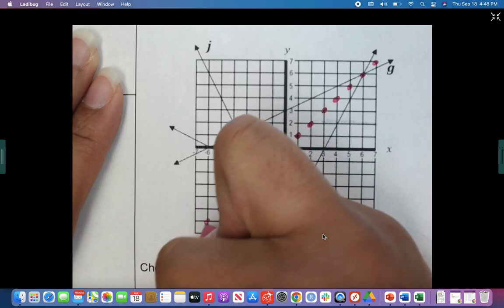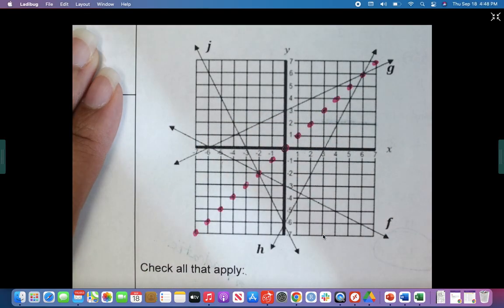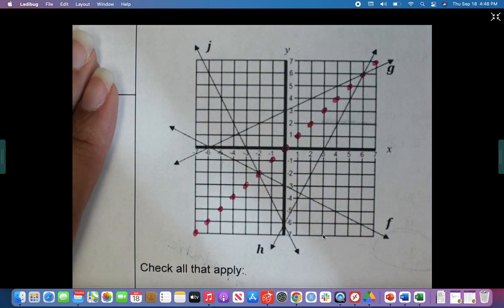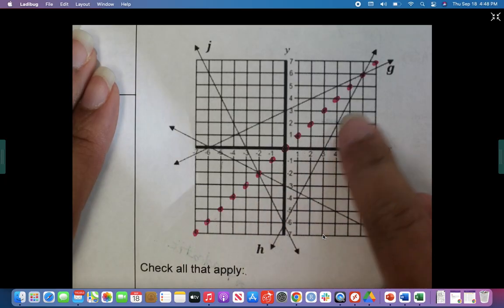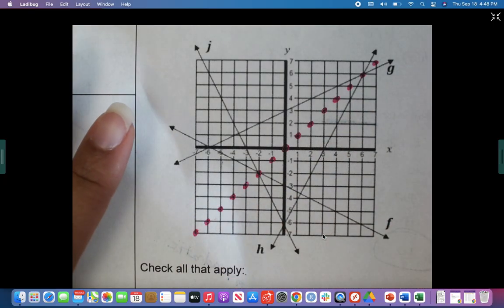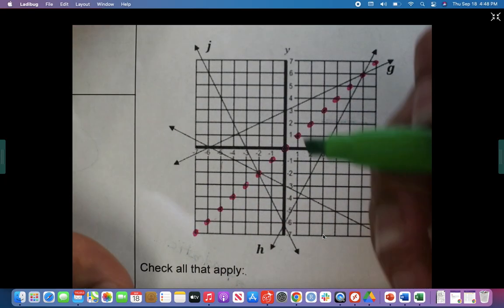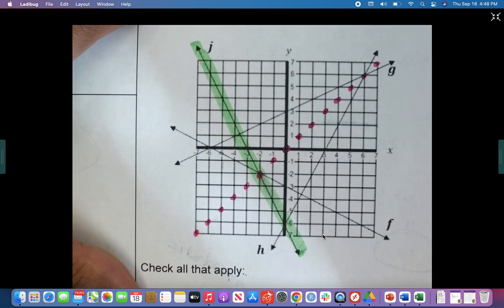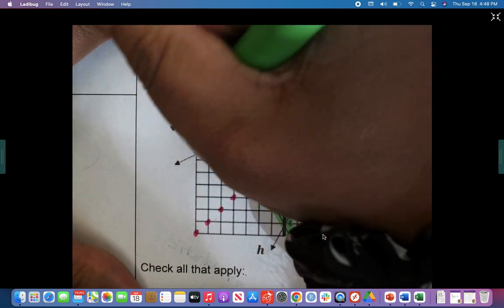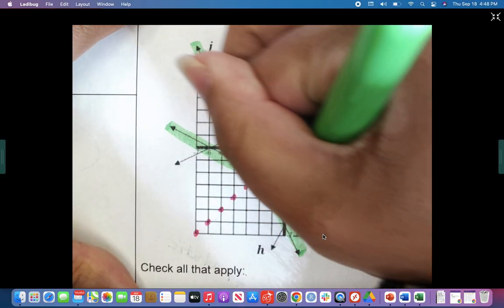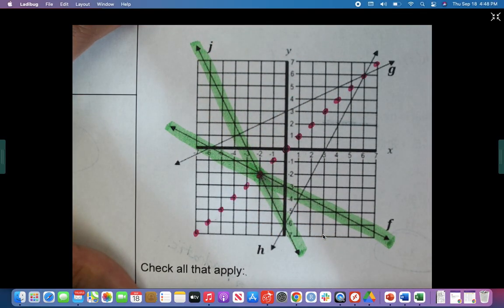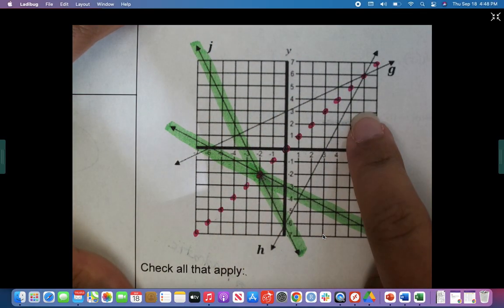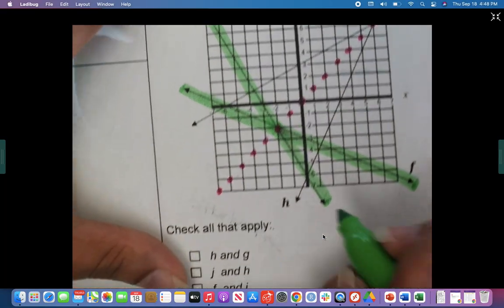And because these are linear functions, if they intersect on the reflection line, that means they are going to be inverses. So line J intersects line F on the reflection line. So that means J and F are inverses.